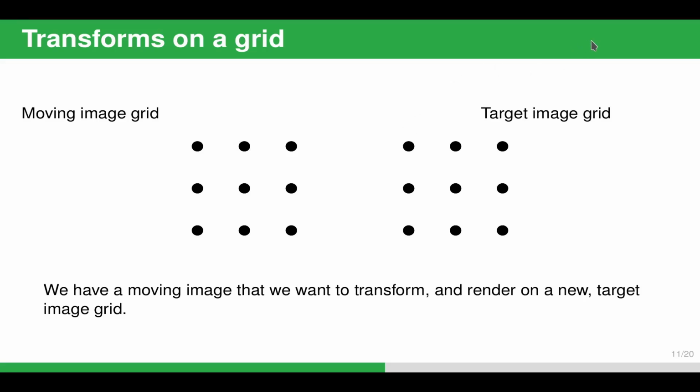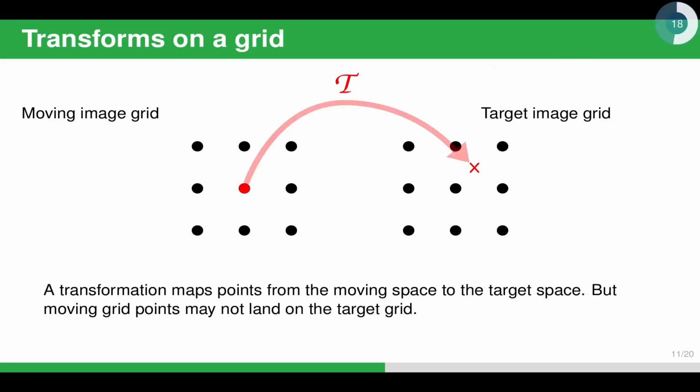Okay, we have a transformation, and you might think, let's just apply that transformation to every pixel location in the moving image and put the value for that pixel wherever it ends up. The problem is that the point in the output that the transformation takes this point to may not land on a grid position. And therefore, there is no pixel or sample or array element that we can put a value into here.